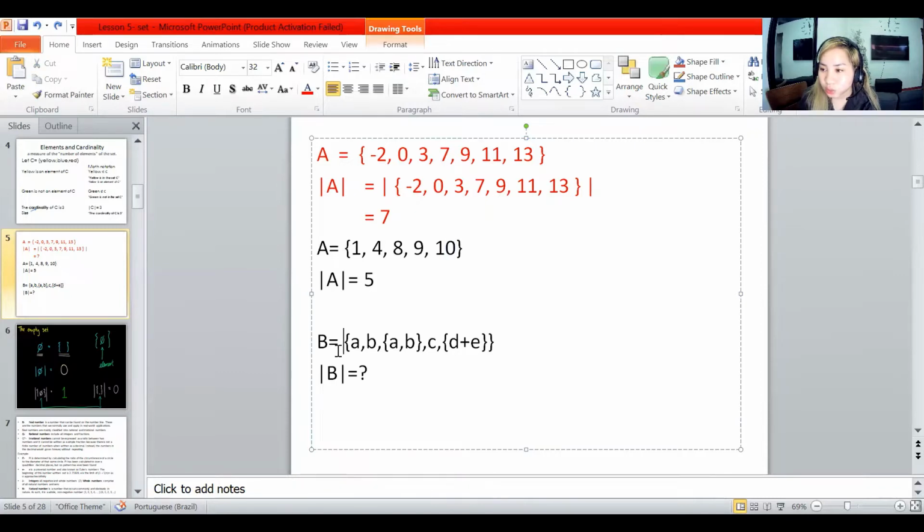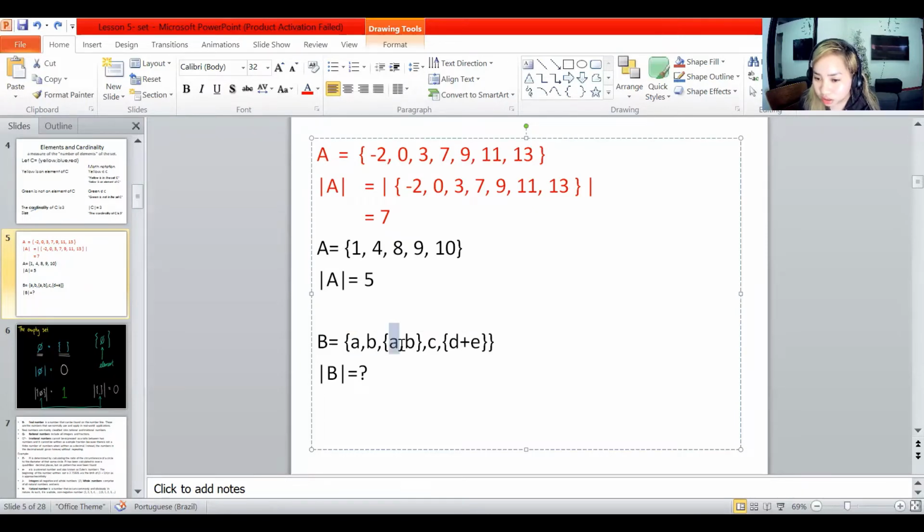So, meron po tayong another example. B is equal to, yung elements po niya ay A, B, tapos AB sa loob ng curly braces, and then C, tapos D plus E. So, ito po, bilang na po siya as 1, tapos 2.